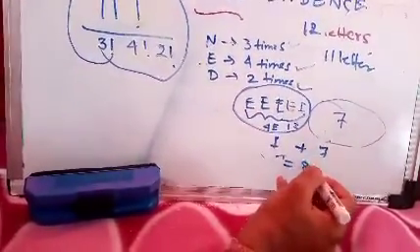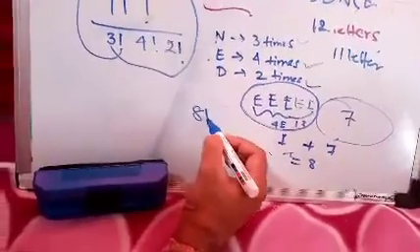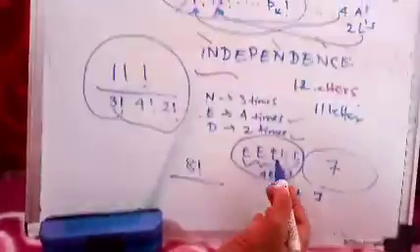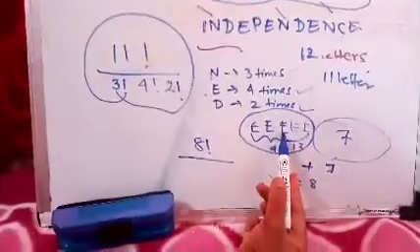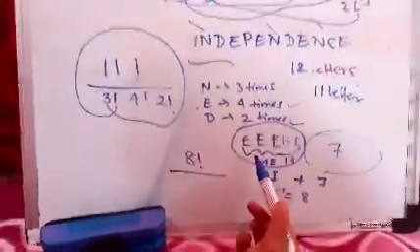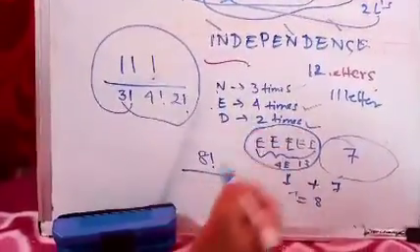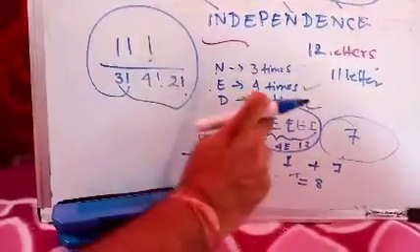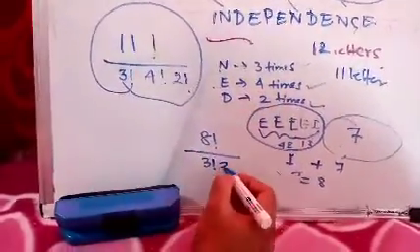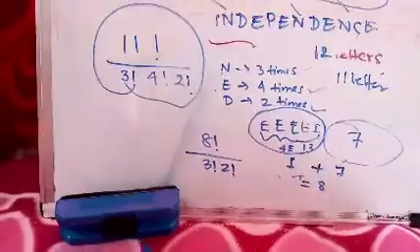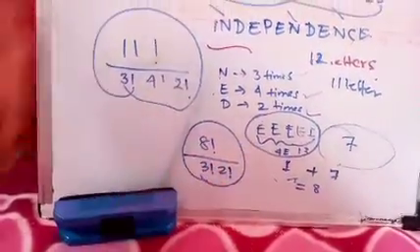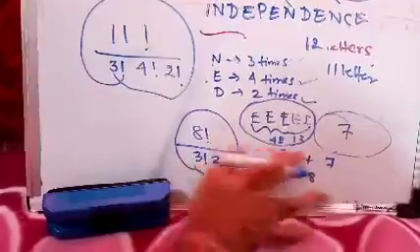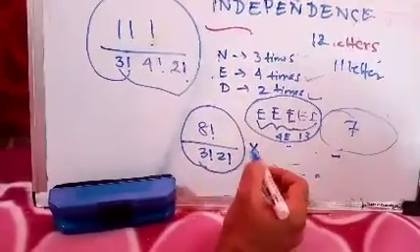So 7 plus 1 is 8 letters. So 8 factorial, divided by 3 factorial because N is repeated 3 times, and 2 factorial because D is repeated 2 times. This is the first part.